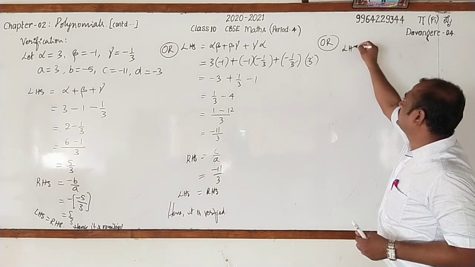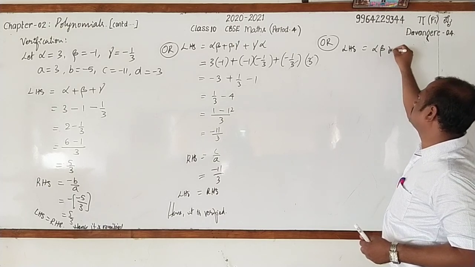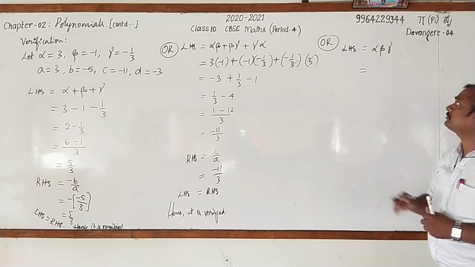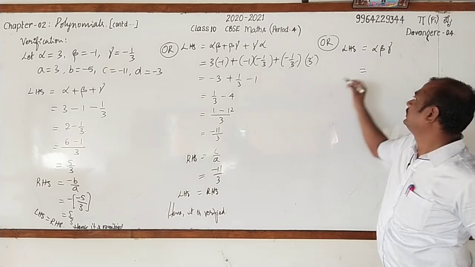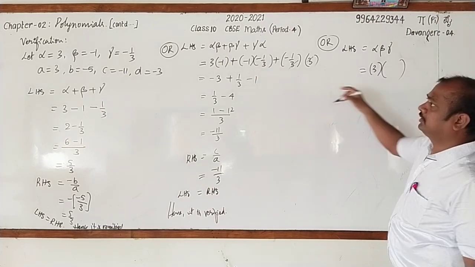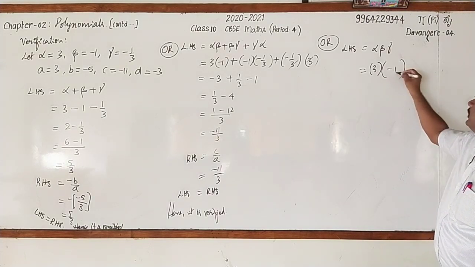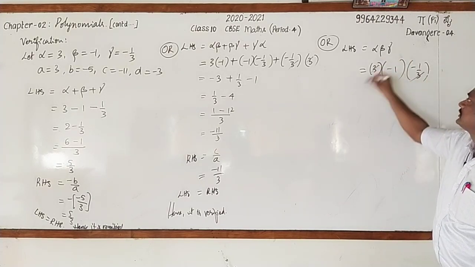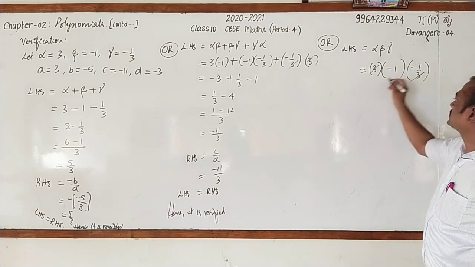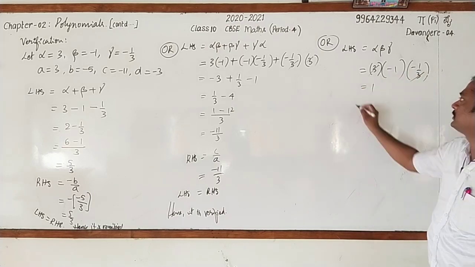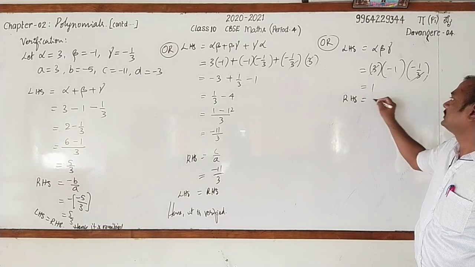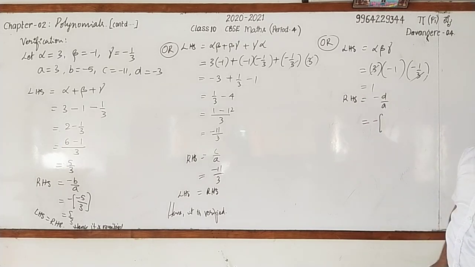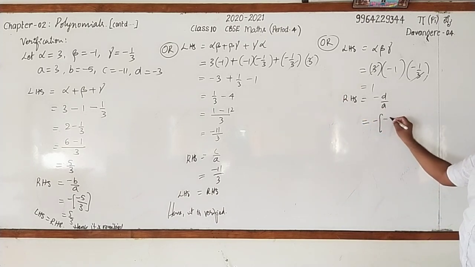Here I'll write LHS, the product of zeros, it is alpha into beta into gamma. What is alpha? It is 3. Beta minus 1 and gamma minus 1 by 3. 3 and 3 get cancelled. Minus 1 into minus 1 is plus 1. And RHS, it is minus D by A. Minus into, where D is minus 3.